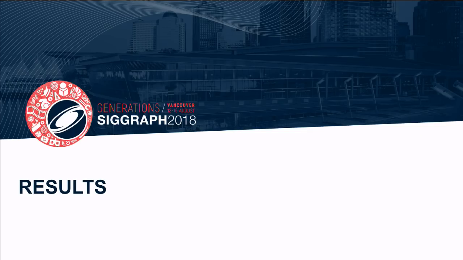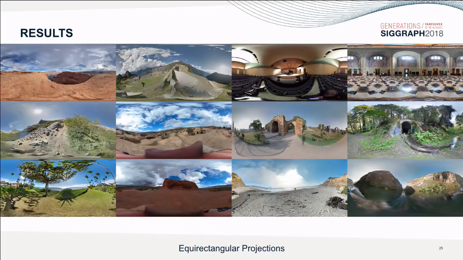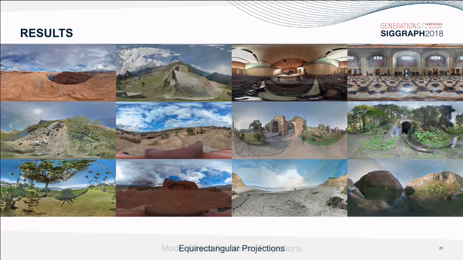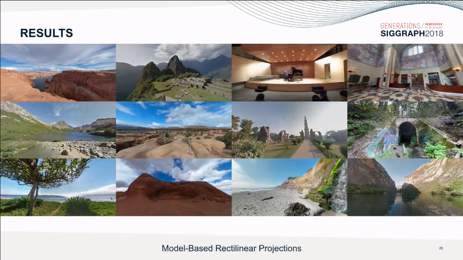I'm going to go through some results now to remind you. These are equirectangular projection thumbnails of a variety of panoramas, and once we apply our trained model to these, we come up with these new thumbnails, which are all pretty representative and look good.